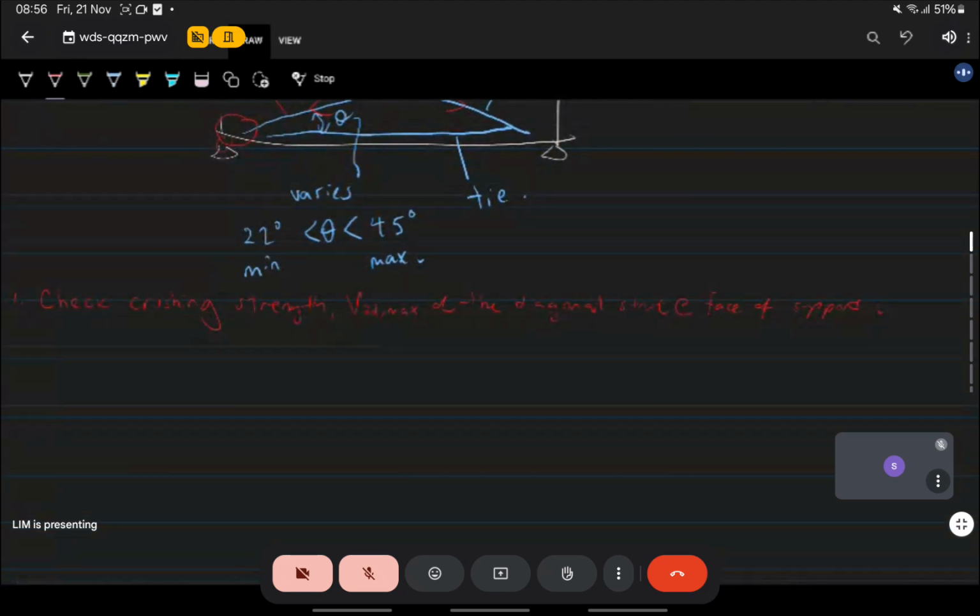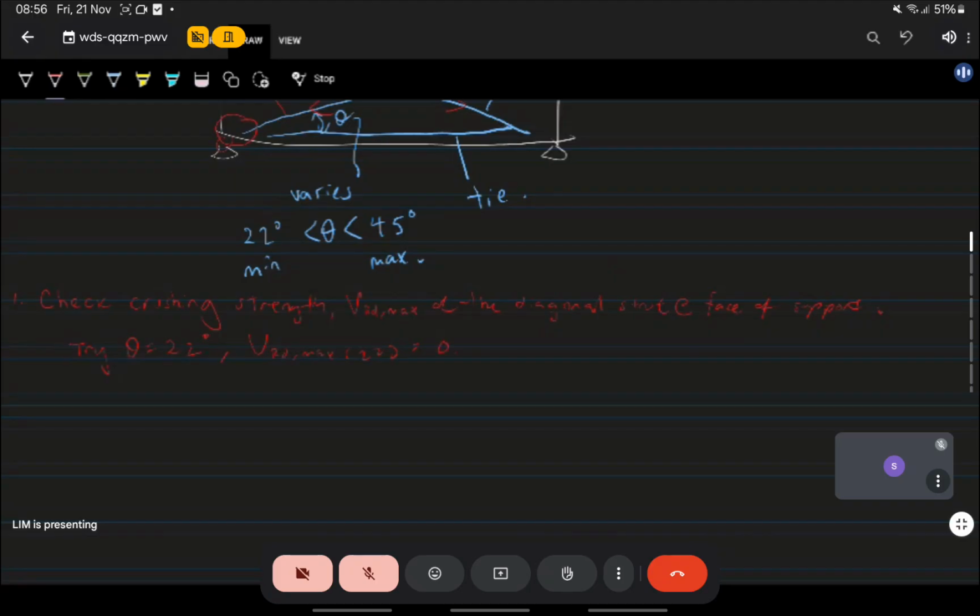We try the minimum 22 degrees, and then we calculate VRD max based on that. I'm going to write VRD max 22 to denote that it's the VRD max when I assume theta is 22. Did I go through the formula with you? I think I did.